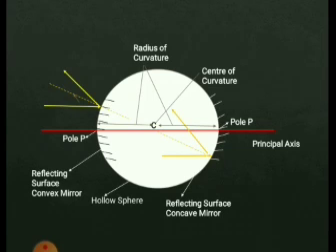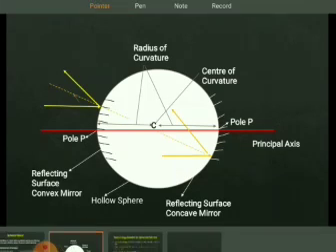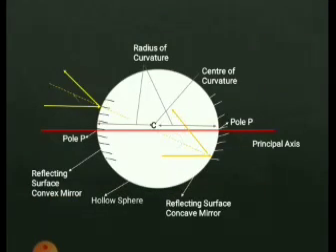Now, if I consider the example of the concave mirror, one rule is associated with it. Whenever a parallel ray of incident light, parallel in what sense? Parallel to the principal axis. Whenever a ray of light is parallel to the principal axis, after reflection it will always pass through a certain point.